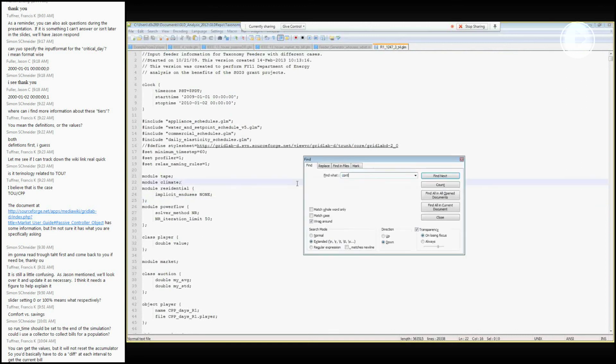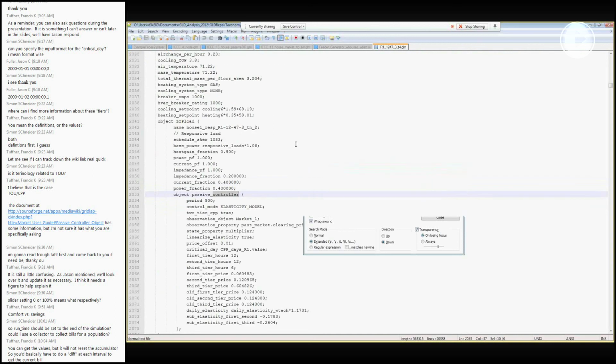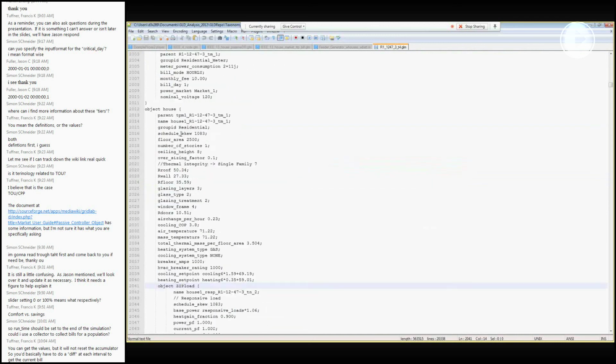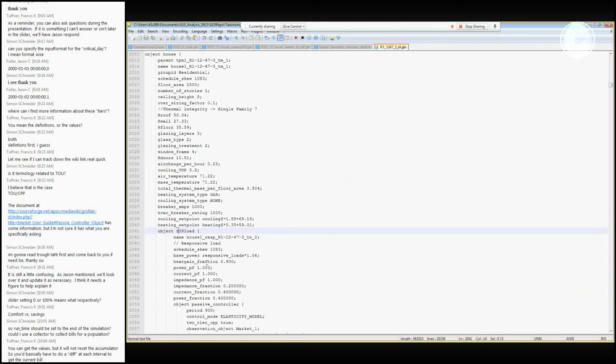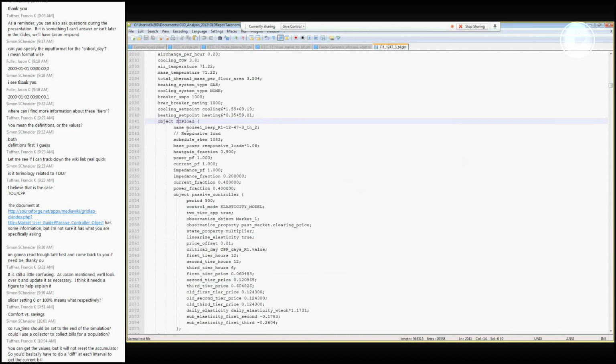But if we go and look at something like a house, here's our object house that we've built with all of the parameters that we wanted. We've created a zip load that happens to be what we're calling, quote unquote, the responsive load. So these are the loads that are going to be affected by a change in price, things like your dryer or your TV or these other devices.